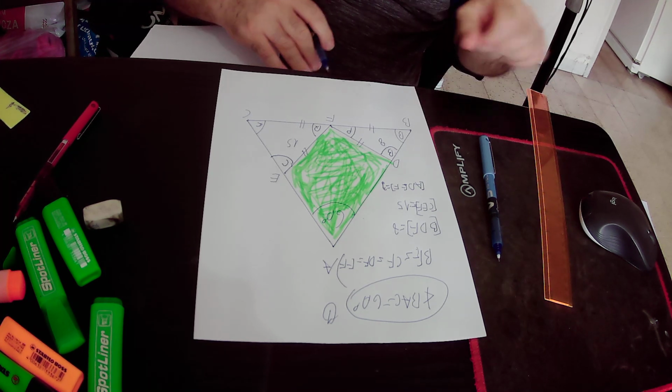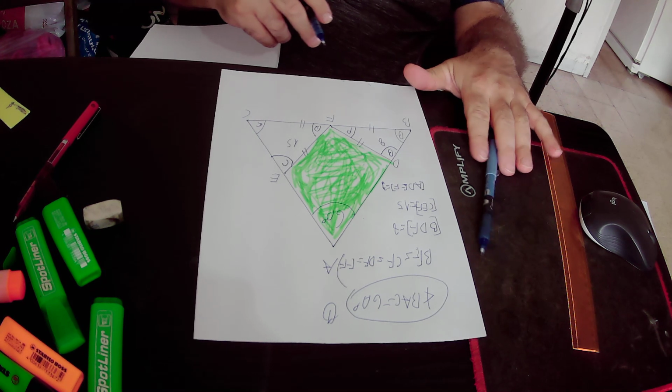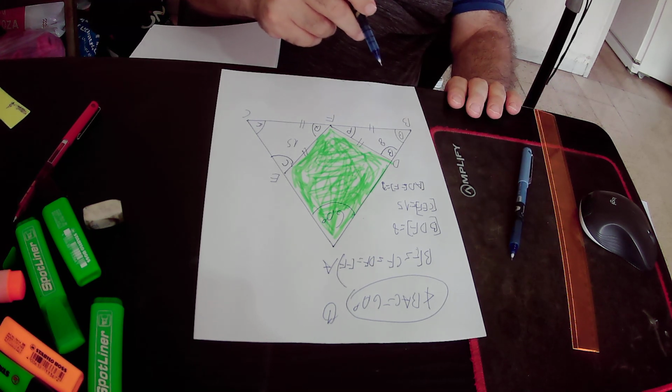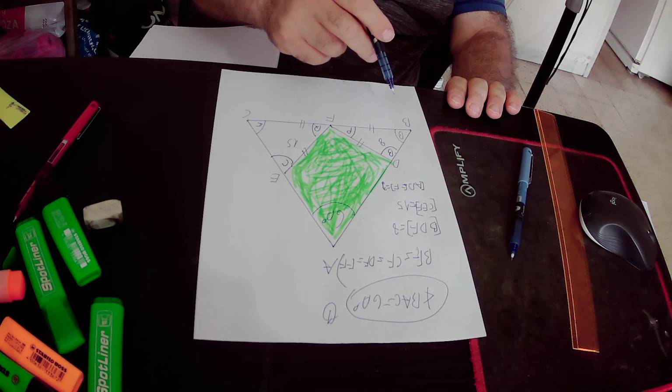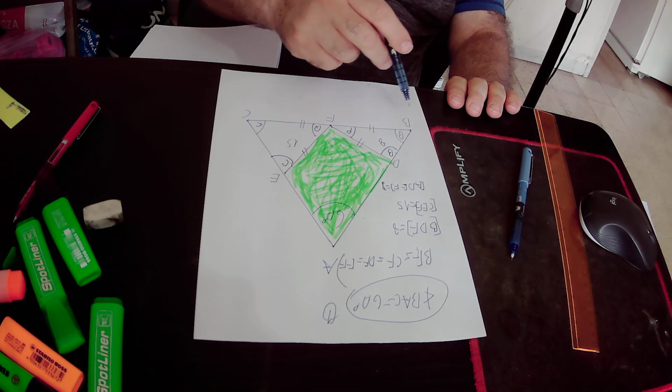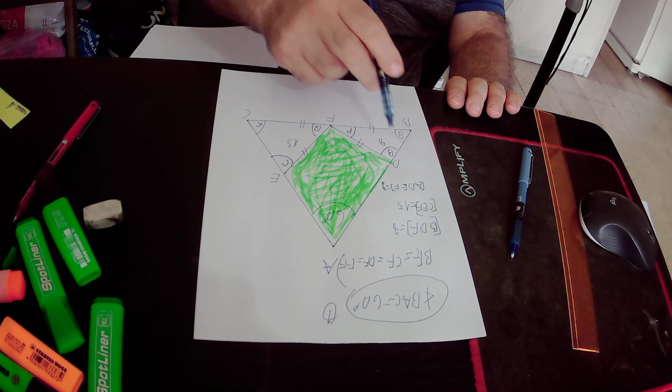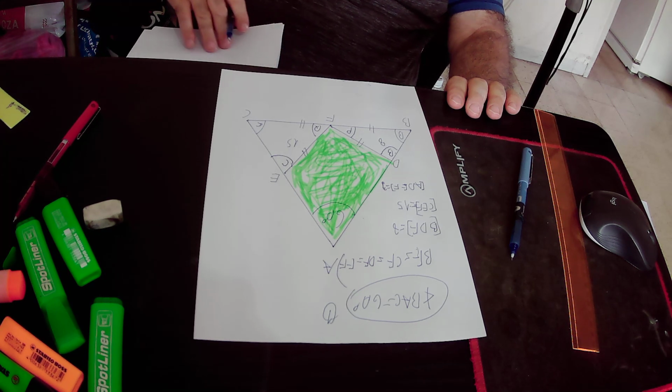The sum of the angles in triangle BDF equals 180 degrees.